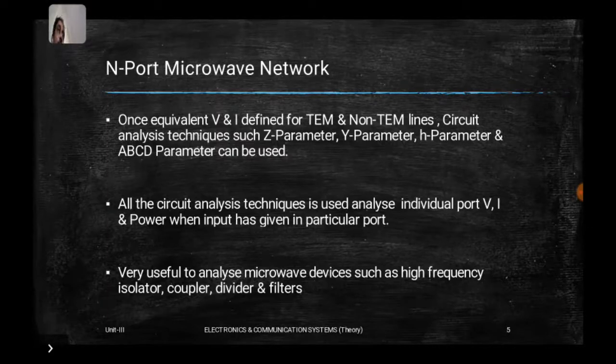We will use it in many scenarios in microwave networks. We will see it one by one, and for analysis, I will tell some lab experiments, what we will do in the microwave lab, and try to relate the things to theory.